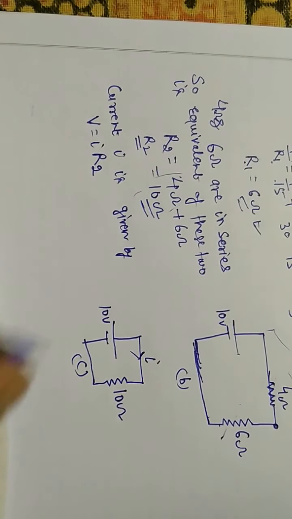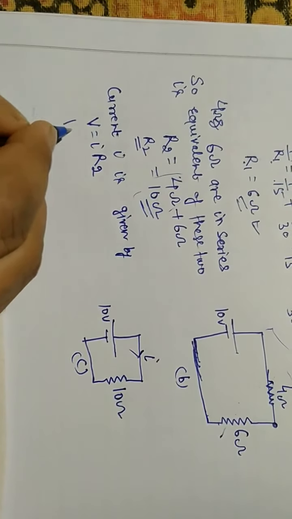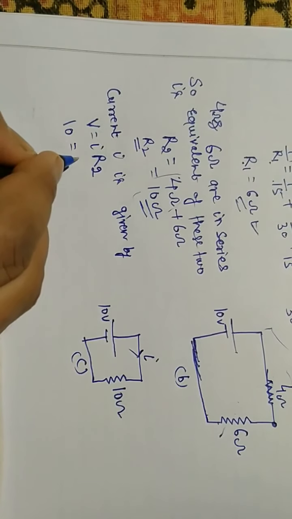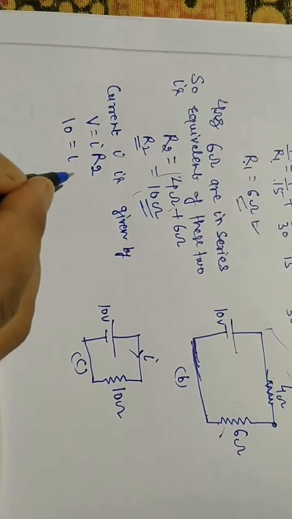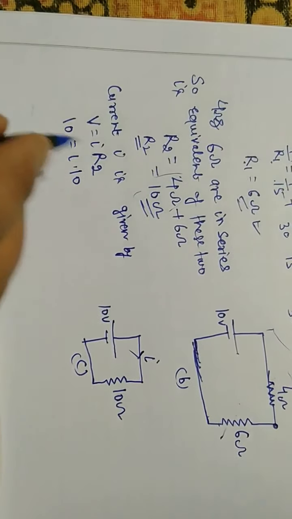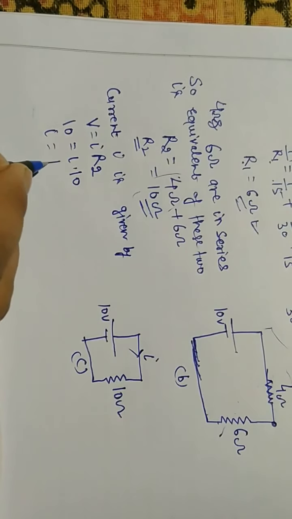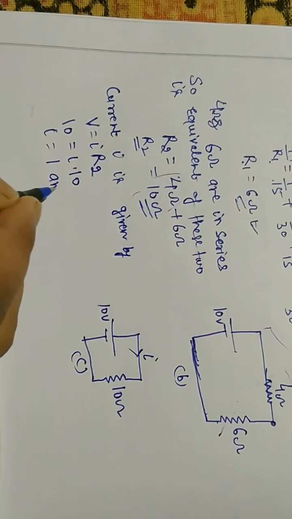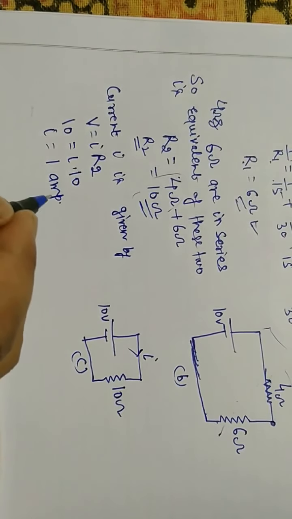Since V is 10, we can write 10 here, and R2 is 10. Then after calculation you can write I is equal to 1 ampere. Of course, ampere is the unit of current. Okay, so I is 1 ampere.